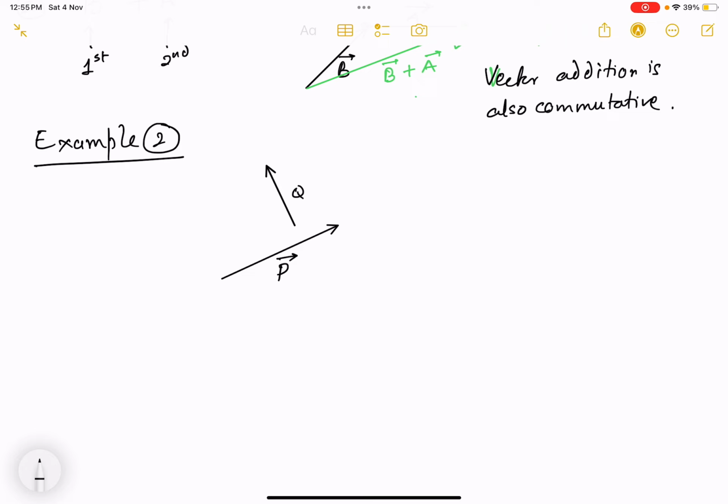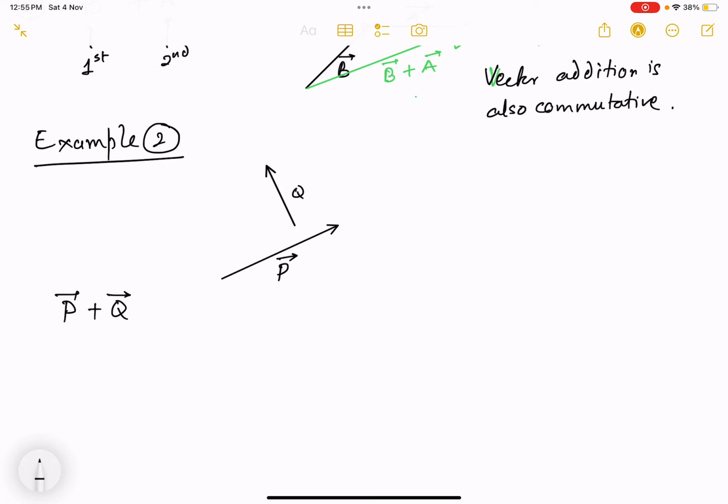I will take another vector, which is vector q. Now I want to find out what is p plus q. How do I do it?